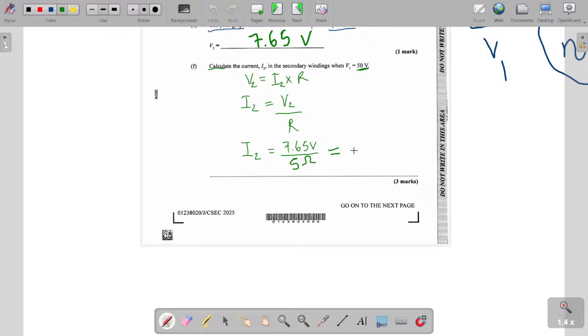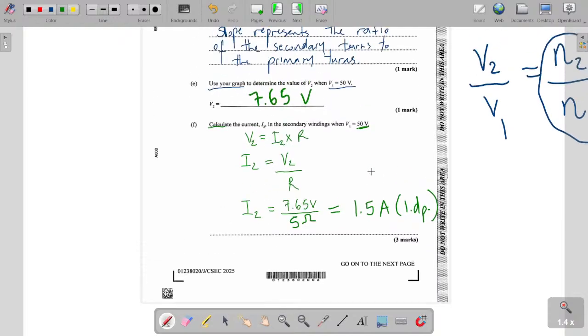So our current is going to be 1.5, I'm rounding to one decimal place here. So 1.5 amps, and I did it to 1 dp. So that is the value for our current in the secondary winding.